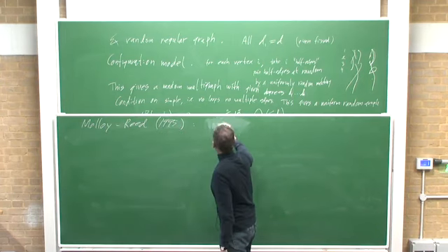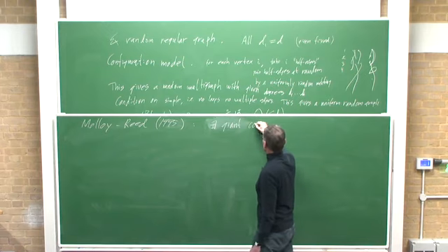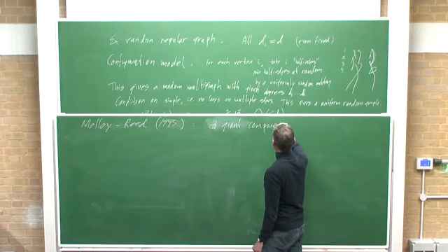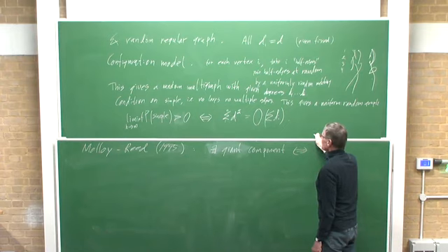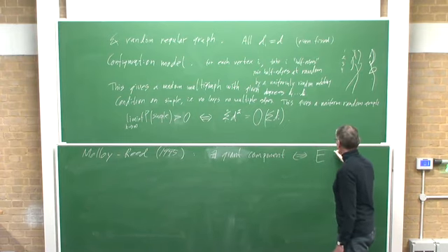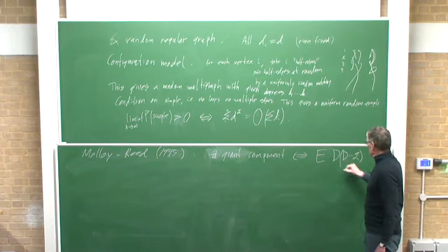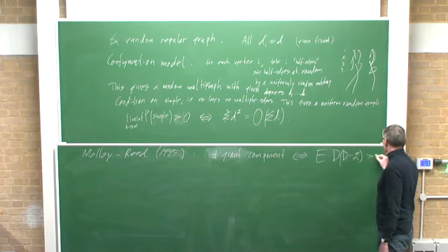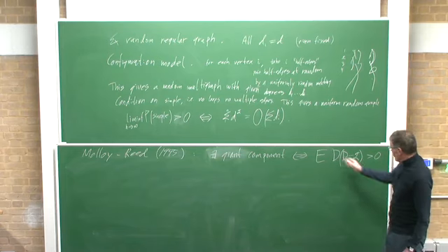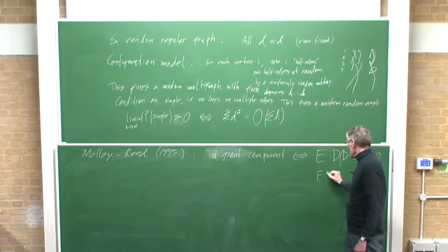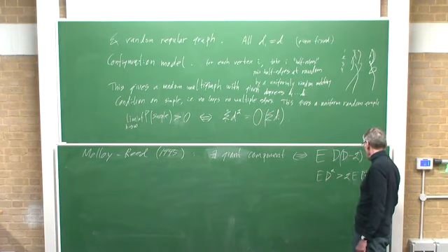So there exists a giant component if and only if, remember D was the asymptotic degree distribution, if this D times D minus 2 has positive expectation, or we can rewrite this as, of course, expectation of D squared is at least 2 times expectation of D.